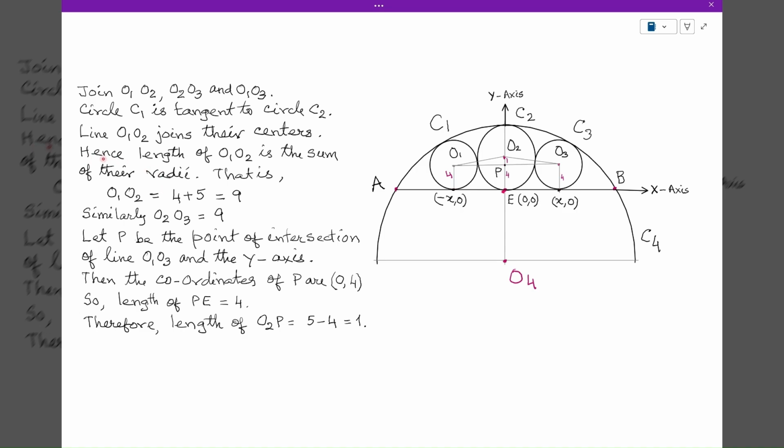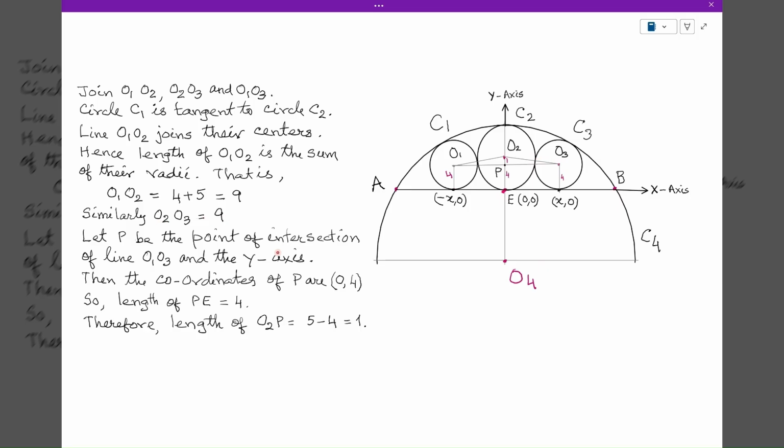Therefore, the length of O1O2 is the sum of their radii, 4 and 5, that is 9. Similarly, O2O3 is also 9.